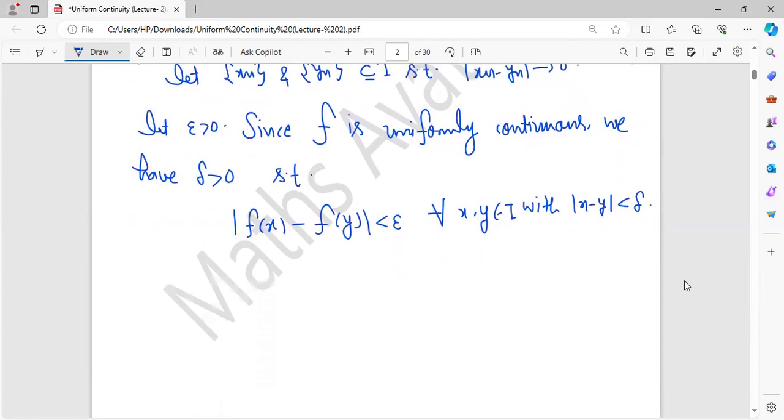Now xn minus yn tends to 0. What does it mean?